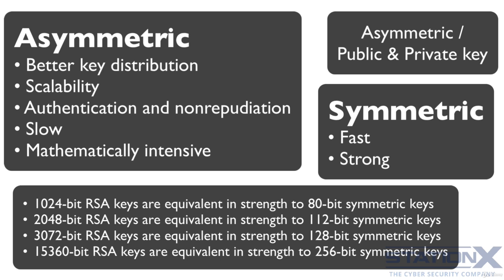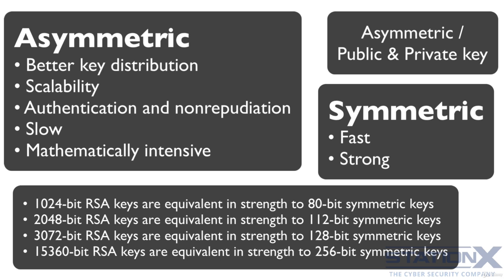And this is an indicator of how much slower they are. It's back to the analogy of the number of locks on the door. With public and private key, there are many more locks on the door, so it takes much longer to encrypt and decrypt.